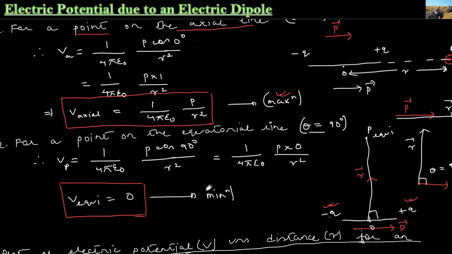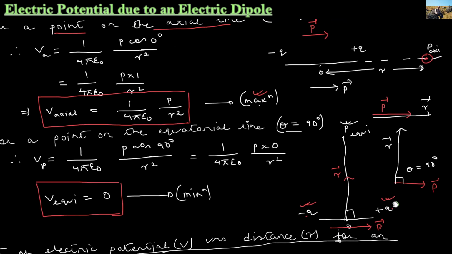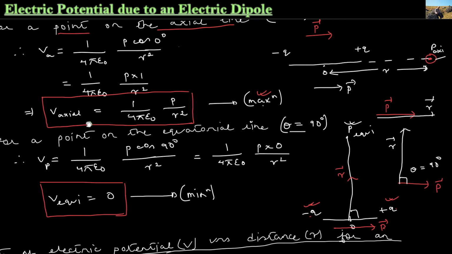The potential is minimum when the point is on the equatorial line, and the potential is maximum when the point is on the axial line.